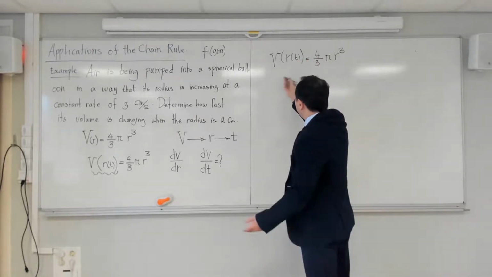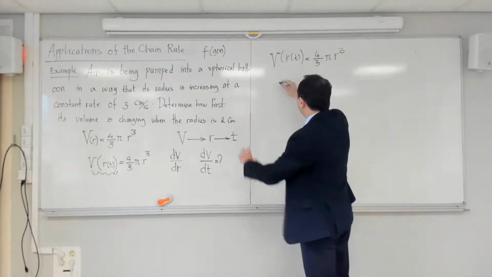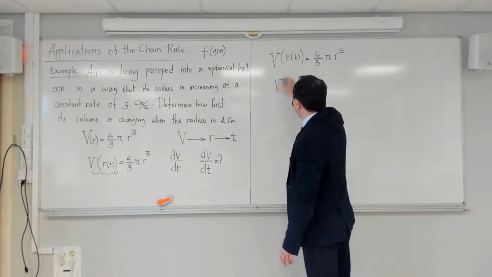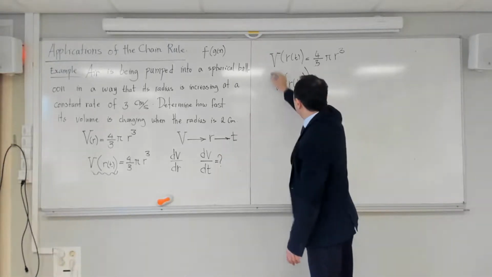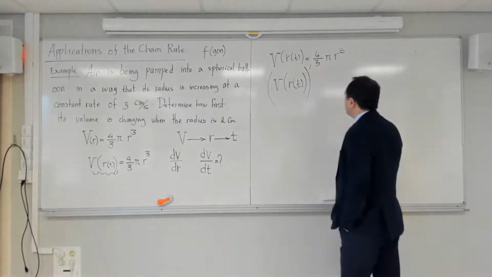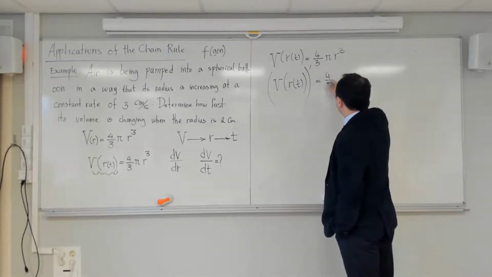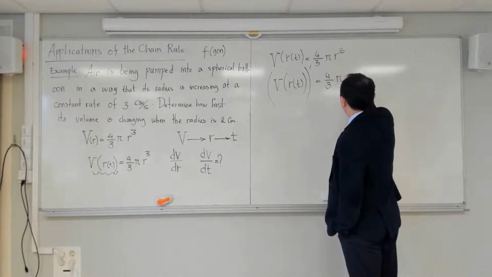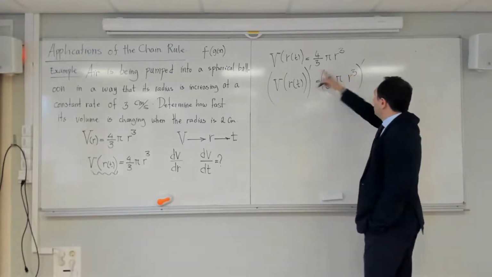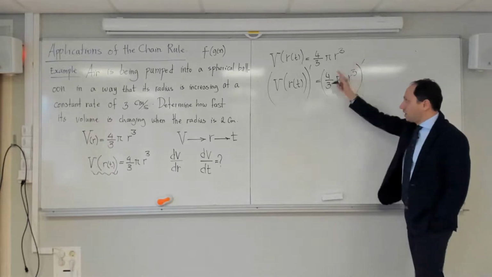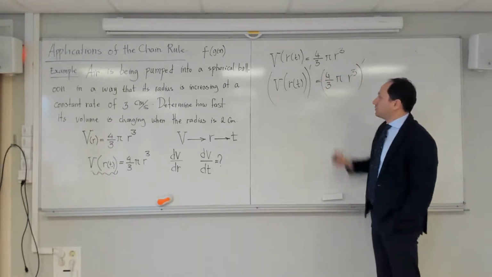I use the prime here to make sure that you understand everything. I am saying that I take the derivative of this with respect to time, so it becomes 4/3 pi times the derivative of r cubed with respect to time. So I am just telling you that I am using this prime for derivative with respect to t.